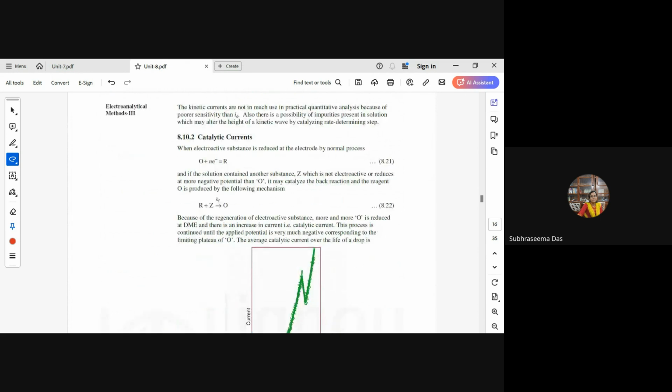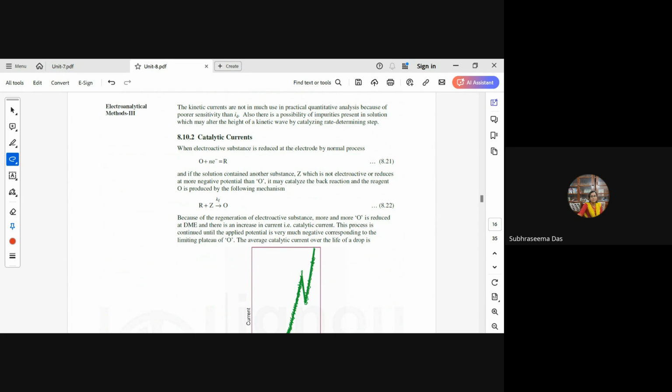Now coming to catalytic currents. When an electroactive substance is reduced at the electrode, O plus n e forming R, and if the solution contains another substance Z which is not electroactive, then it is followed by the reaction R plus Z, with rate constant K forward, forming O. Because of the regeneration of the electroactive species by this process, more and more O is reduced.